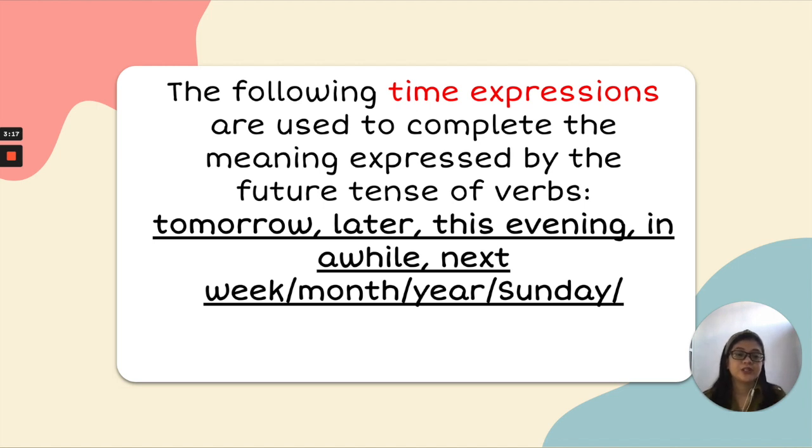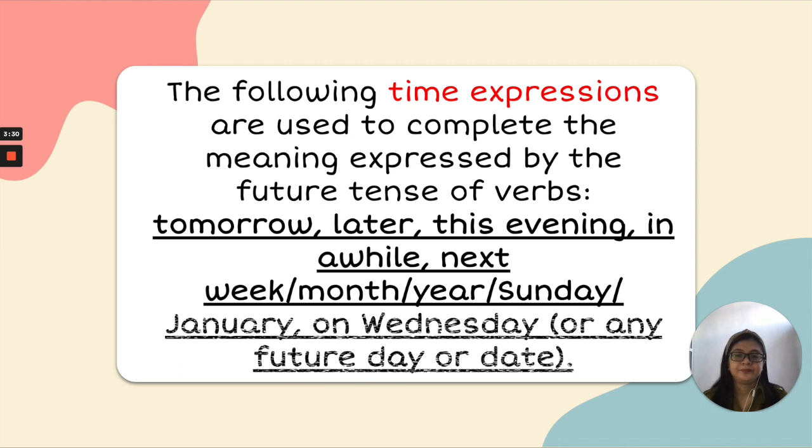These are used as time expressions when you write sentences to make sure that your meaning really tells the reader or the person you're talking to that the verb will be done in the future. So it can also be next January or next Wednesday or any future day or date.